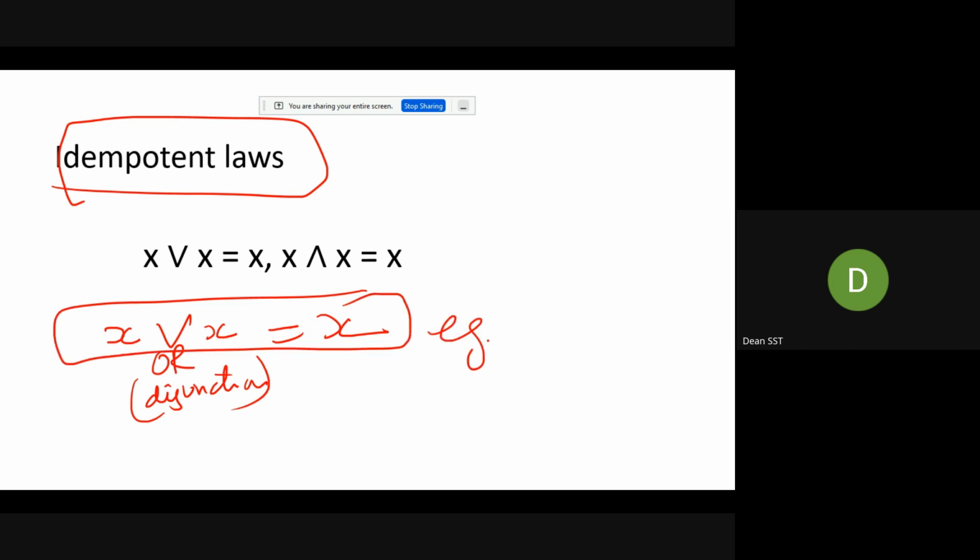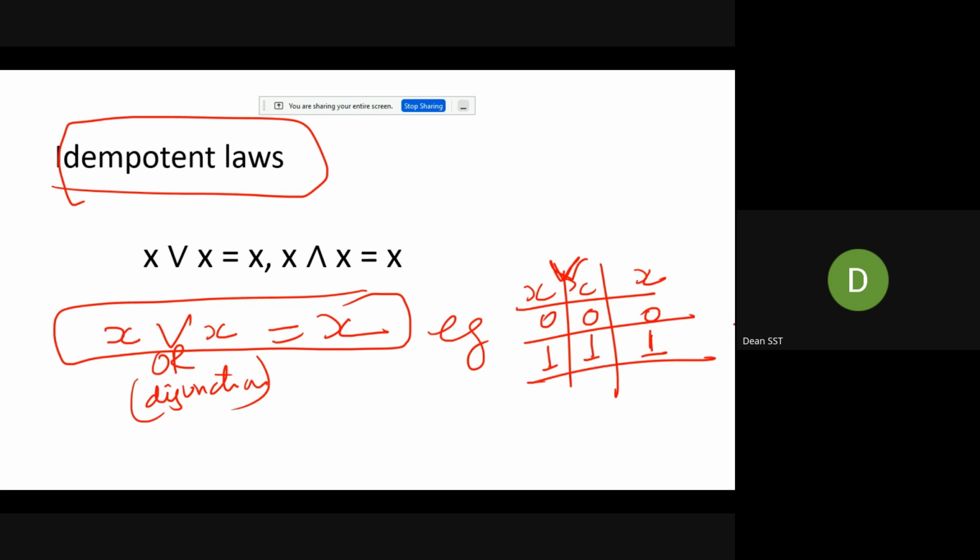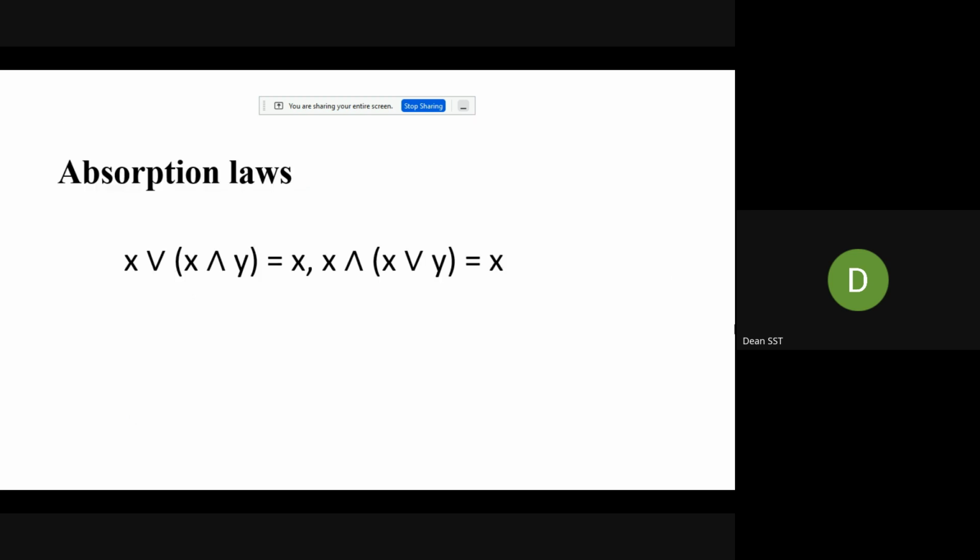For example, x with x, and the result will be x. If it is 0 and ORing is done, the result will be 0. If both are 1, ORing will be done, the result will be 1. Fine. Is it clear? This is what idempotent laws are. You have to remember these laws.